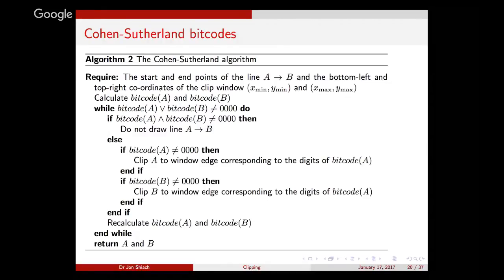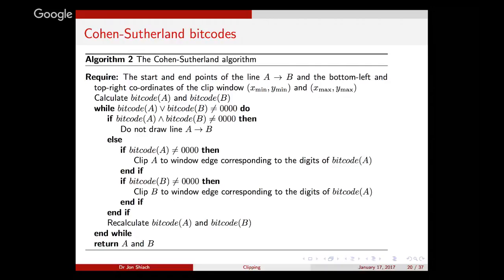This is quite complicated. I'm going to step through it slowly. While the bitwise OR of A and B is not equal to 0. If it's equal to 0, excellent, because it means we can just plot our line. If the bit code of A, bitwise AND with the bit code of B, is non-zero, that means we don't draw the line.